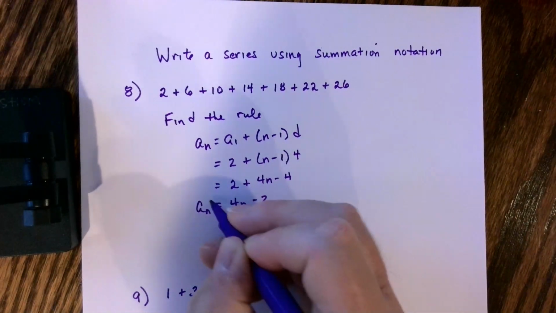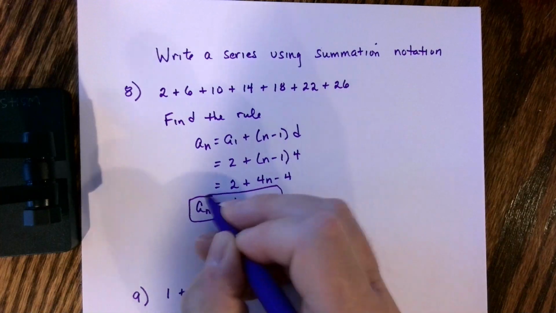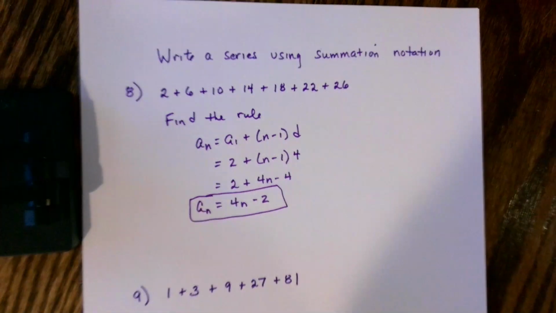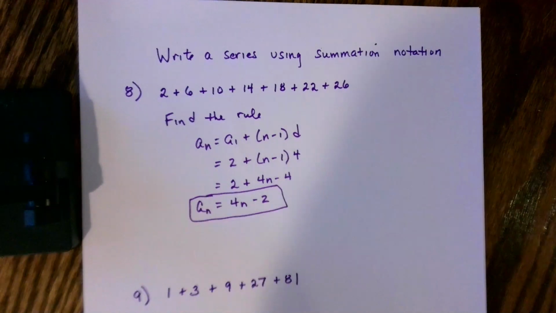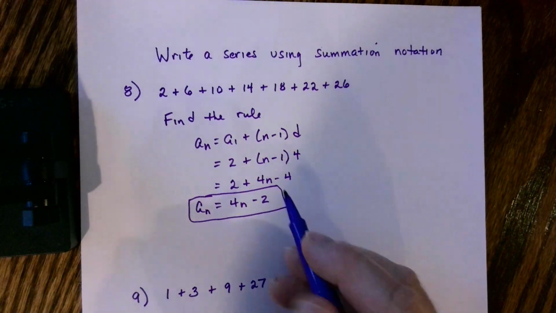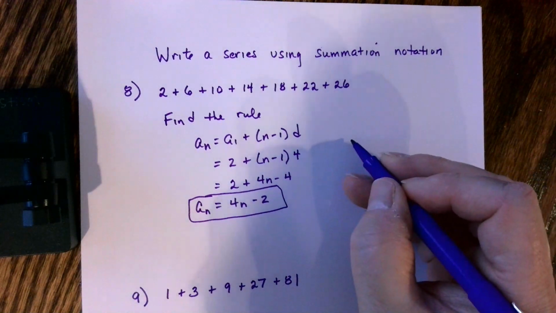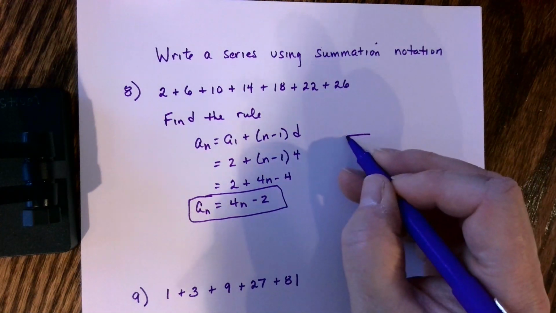So I can find any term in my sequence by substituting in the term that I want, multiplying by 4 and subtracting 2. Since I know the rule, I can now write using summation notation.